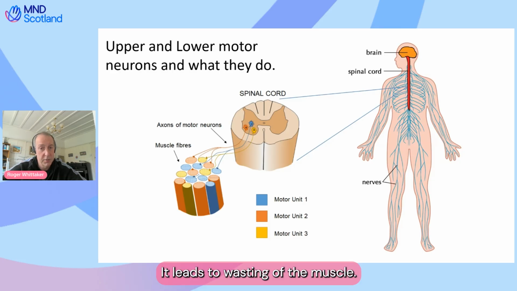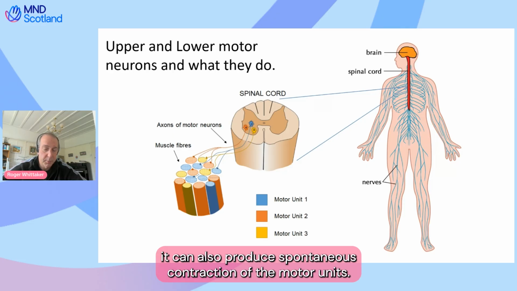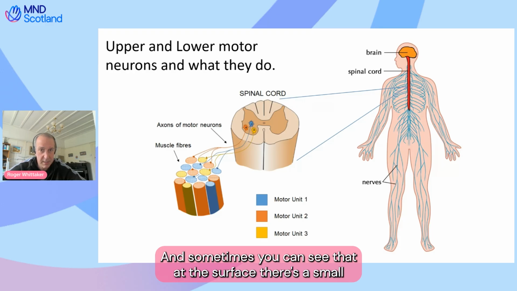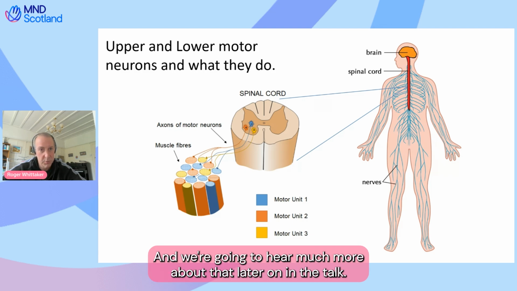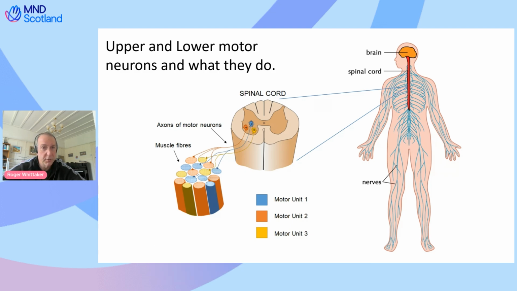It leads to wasting of the muscle, so a reduced volume of muscle. And in the early stages, it can also produce spontaneous contraction of the motor units. And sometimes you can see that at the surface as a small flickering in the skin that we call fasciculation. And we're going to hear much more about that later on in the talk.